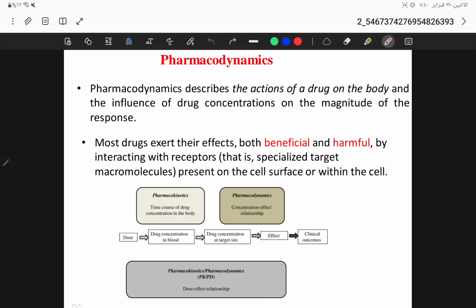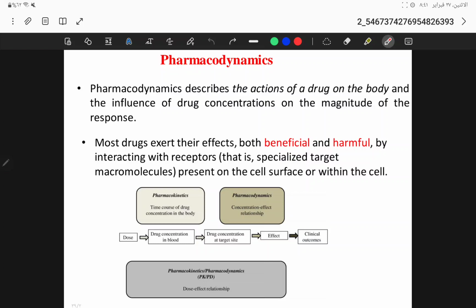At the beginning of the lectures, we discussed pharmacokinetics, a process of four things, including metabolism. Here we have the pharmacodynamics.